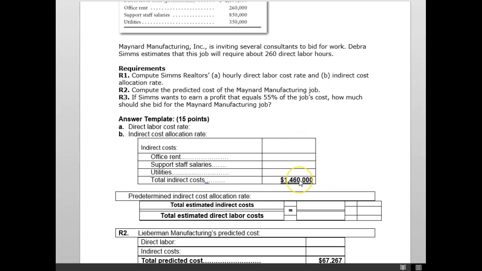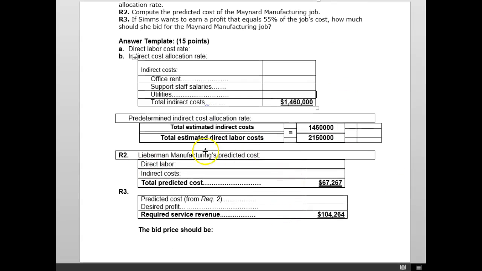And you would divide 1,460,000 by the 2,150,000 to come up with a percentage. And that would go right here, just to help you visualize this. And that's going to give you a percentage so that you can predetermine an allocation rate.